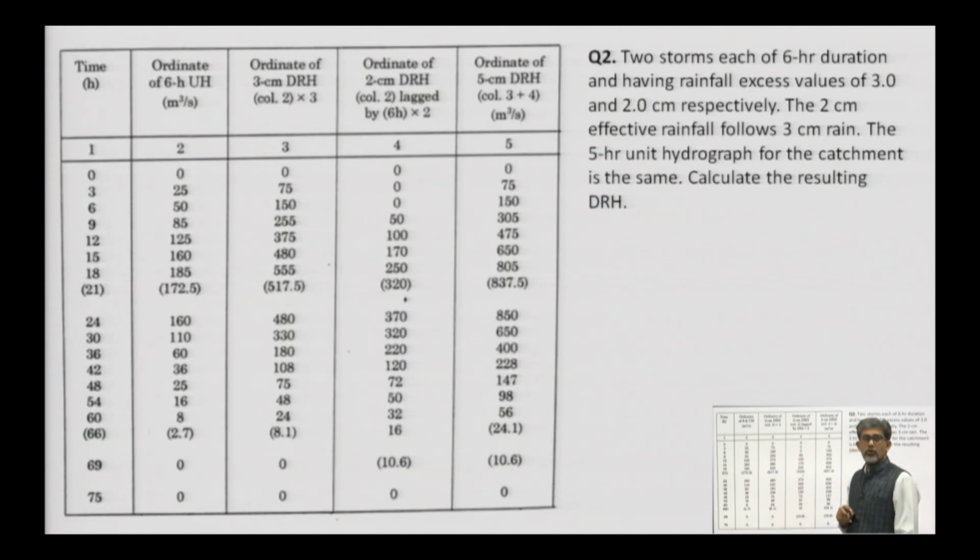Let us do one more question. In this question, two storms, each of 6 hour duration and having rainfall excess values 3 centimeter and 2 centimeter respectively, means two storms of 6 hour duration have been given to us.